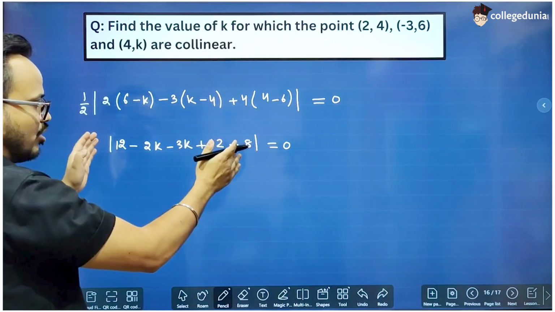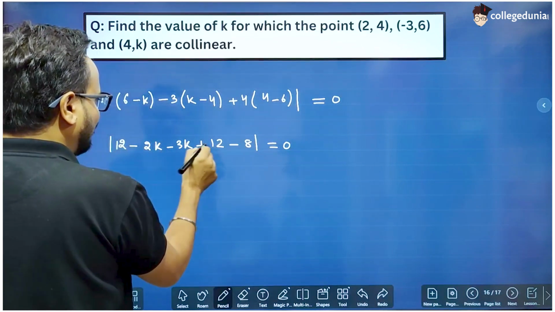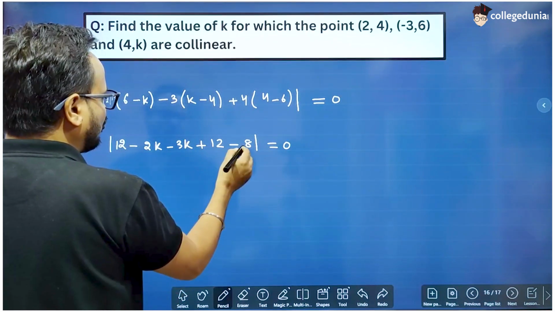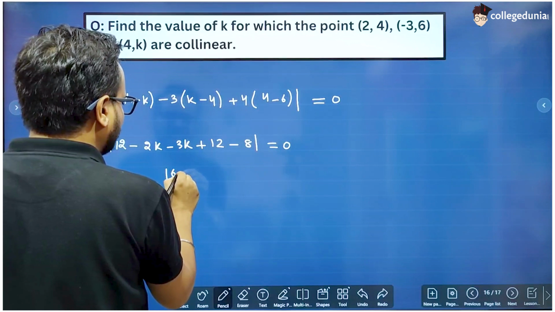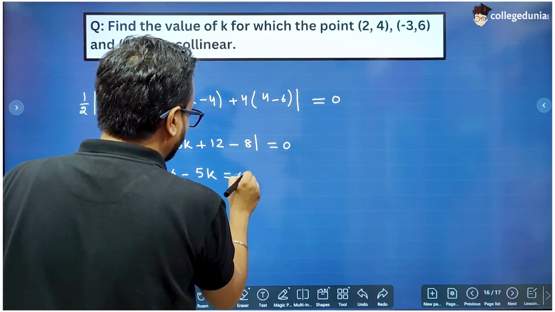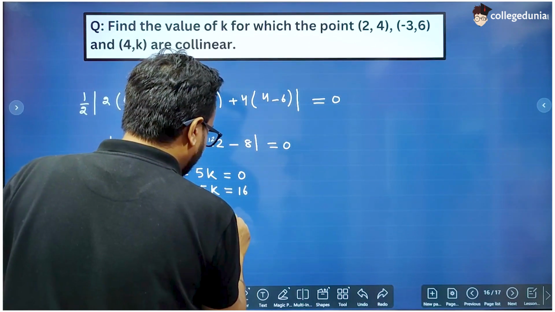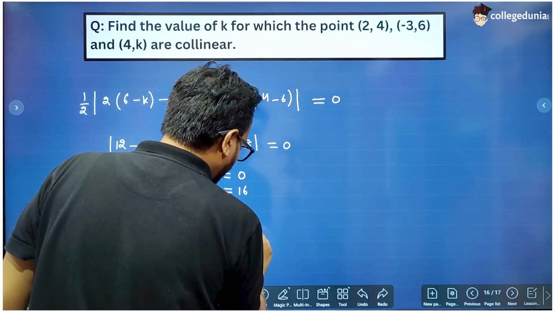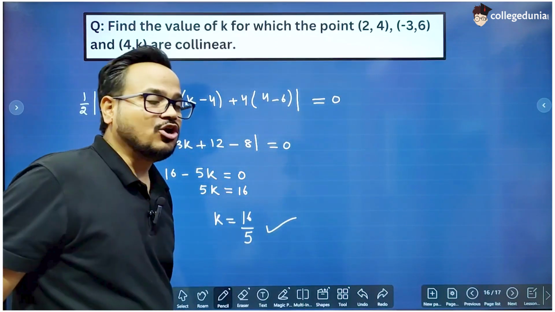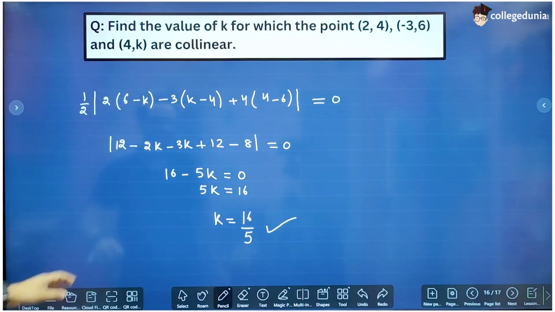If you remove mod, the other side is 0, so you can easily remove mod here. So 12 plus 12 is 24. 24 minus 8 is 16. 16 minus 5k is 0. So 5k is 16 and k is 16 by 5. So the value of k is 16 by 5. Only then these points will be collinear. Let me check this again.